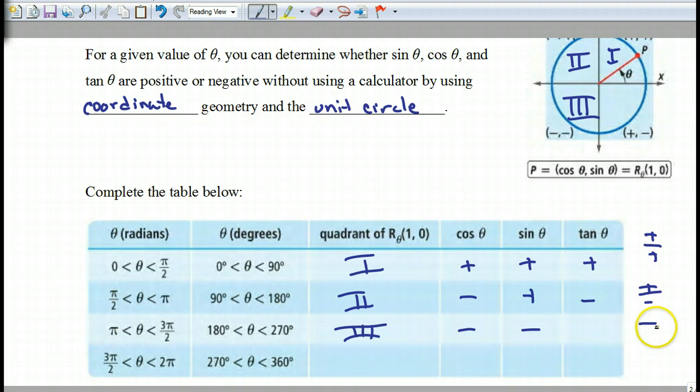So a negative divided by a negative makes it a positive for tangent. In quadrant 4, we have positive x values, negative y values, but since we have a positive divided by a negative, this will also be negative.